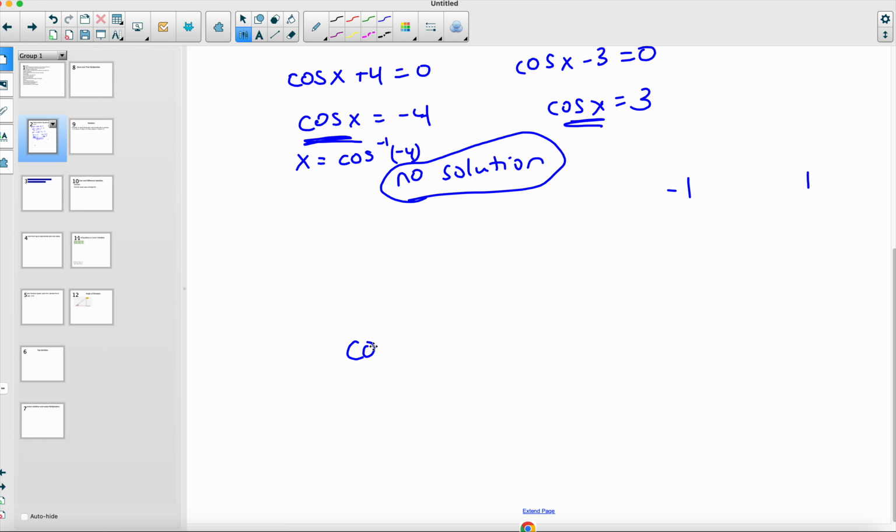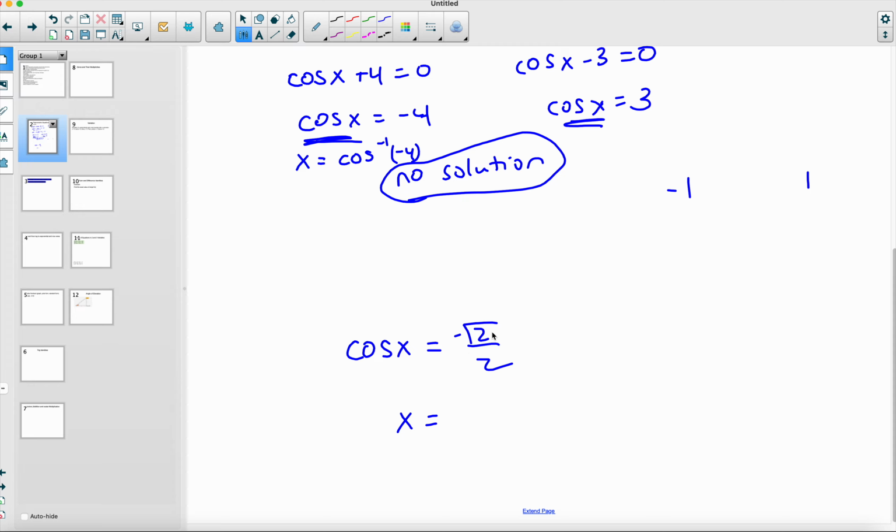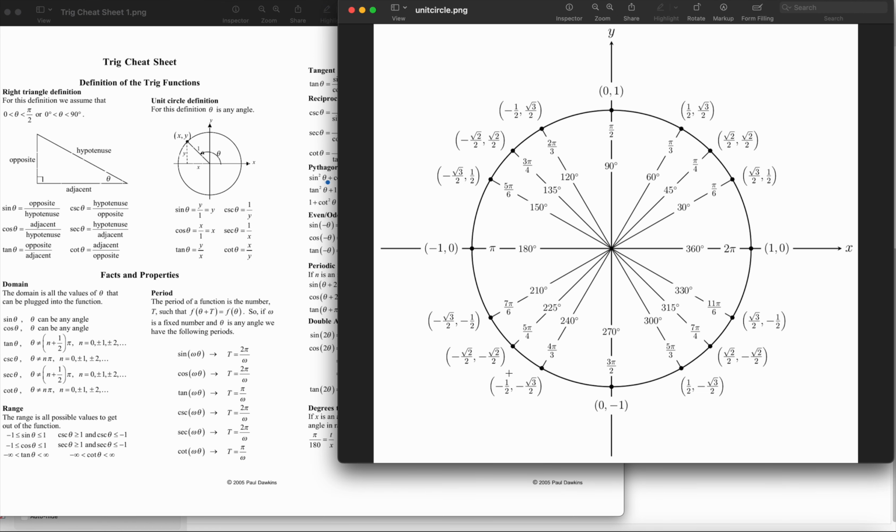But let's just, for example purposes, say that I have cosine x equal to something like, I don't know, square root of 2/2. Maybe negative, just to make it a little harder. The idea would be to find values of x that satisfy this situation, and obviously you have to know the unit circle for that. Where is cosine negative? Cosine is like x, it's negative in quadrant 2 and 3.